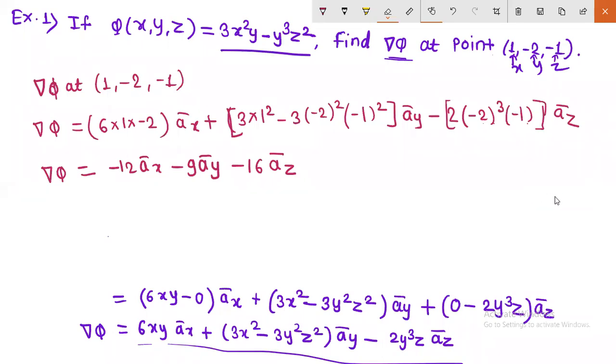Don't make mistakes in small calculations, otherwise you know the formulae, you know everything, but don't make such mistakes. Your final answer should be correct.